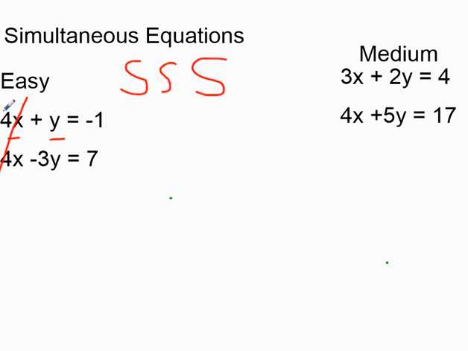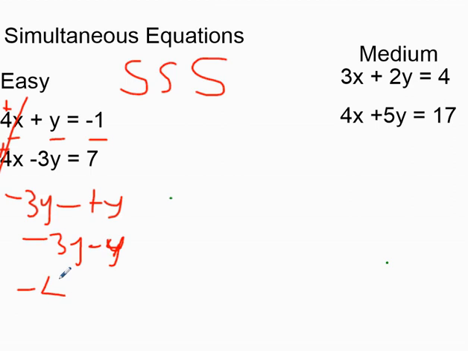Because you have a positive 4 here and a positive 4 here, same sign, you subtract the terms from each other. So negative 3y minus a positive y gives you negative 3y minus y, which gives you negative 4y.